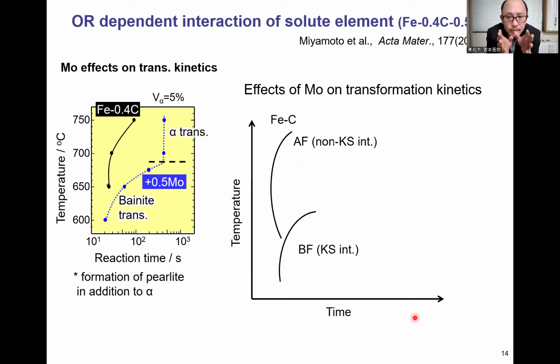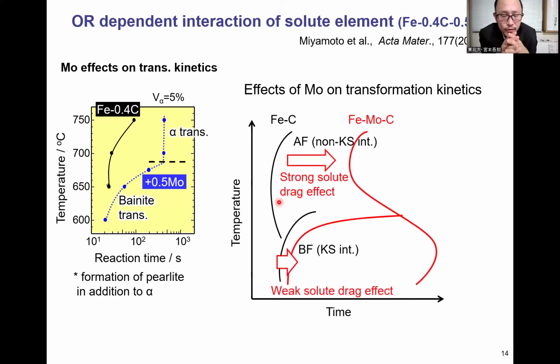So based on that measurement, we think like this. In the iron-carbon binary case, the non-KS interface is more mobile than the bainitic ferrite interface, especially at high temperature. But by the addition of molybdenum, the solute drag effect on the non-KS interface is great. Therefore, the migration of the non-KS interface is significantly retarded by the molybdenum addition.